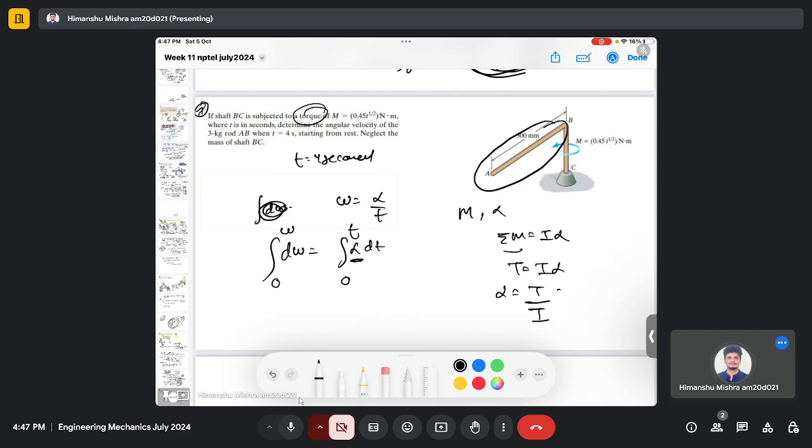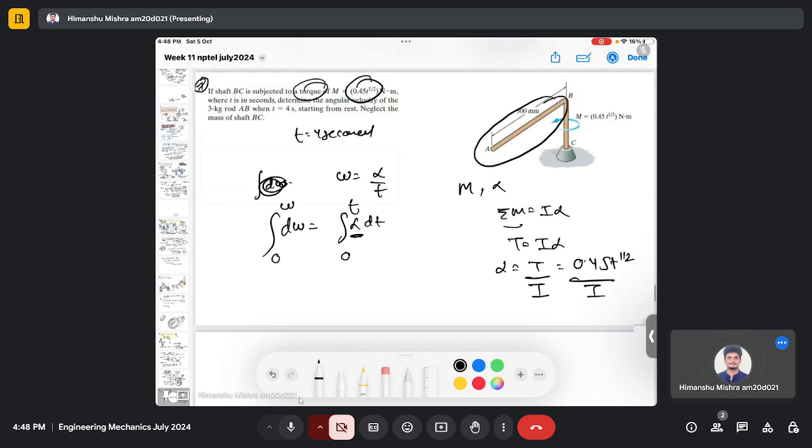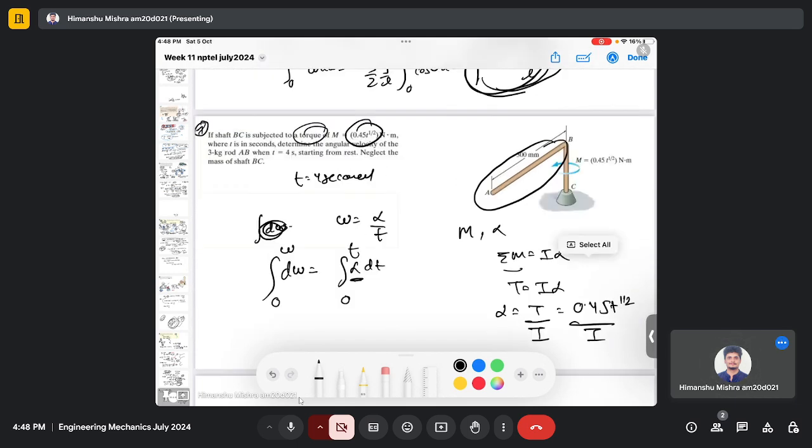What is the torque? The torque is given by this expression, which is 0.545 t to the power 1 by 2, divided by I. And what will be the moment of inertia? We need to find the moment of inertia about point Z. This will be the moment of inertia of rod AB about the centroid plus the moment of inertia due to some distance.